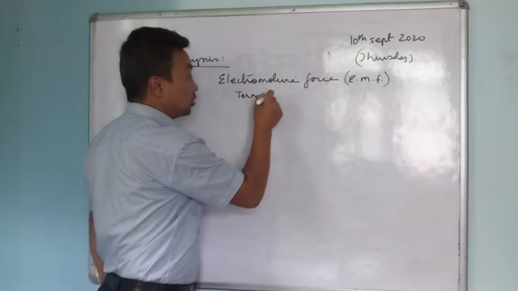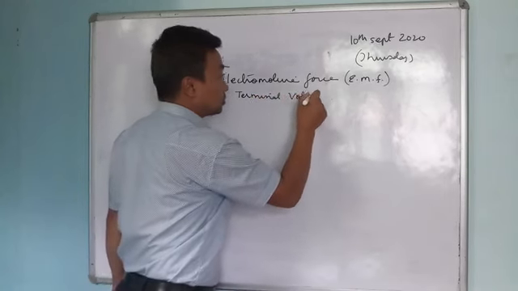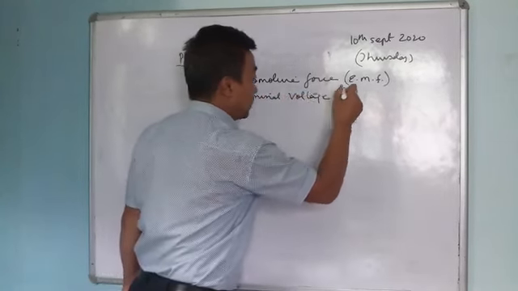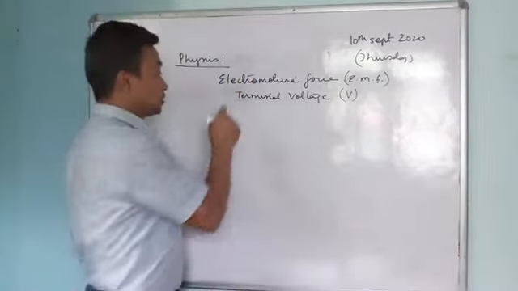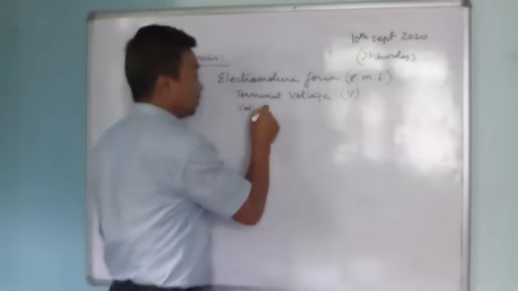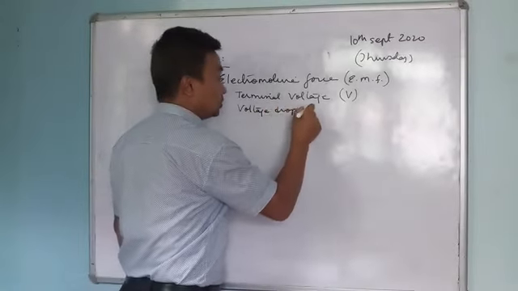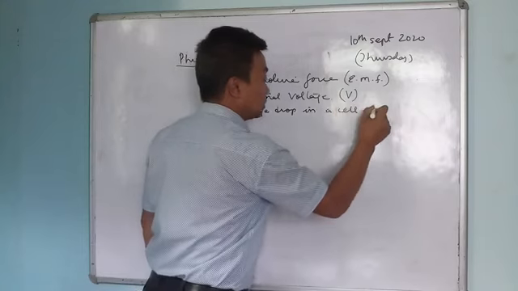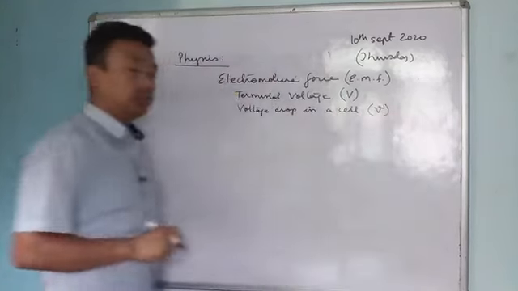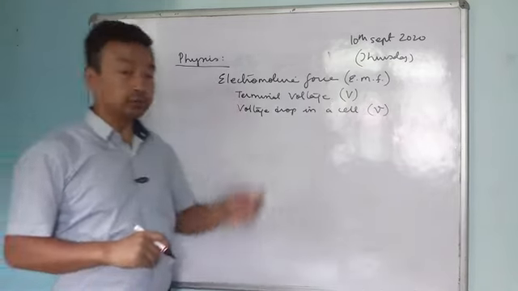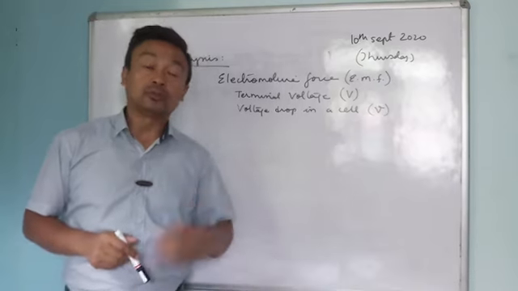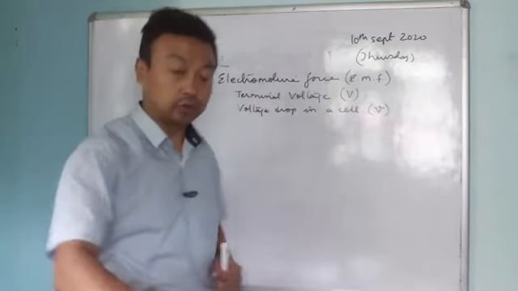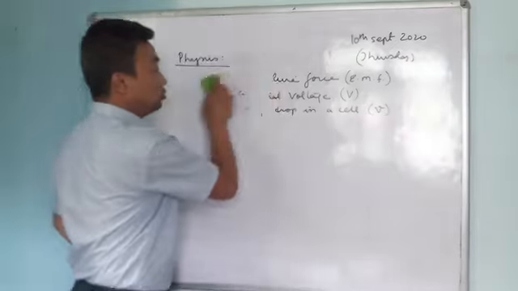Then the second one is the terminal voltage, which is given by V. Then the third one is the voltage drop in a cell. Now if you look at these three topics, these are all related to the current that is drawn from a source. Now what is the source here? We will take the source to be a cell.